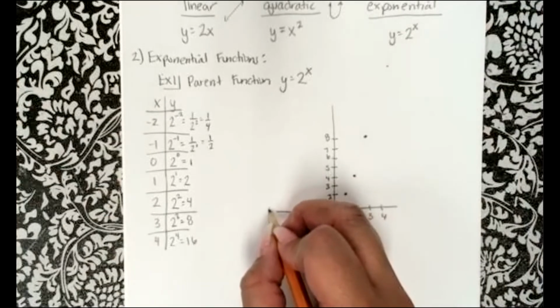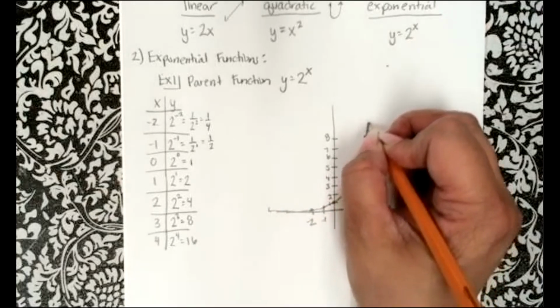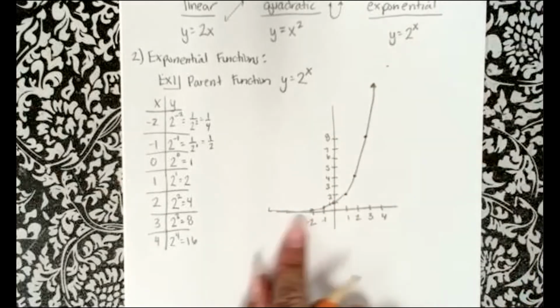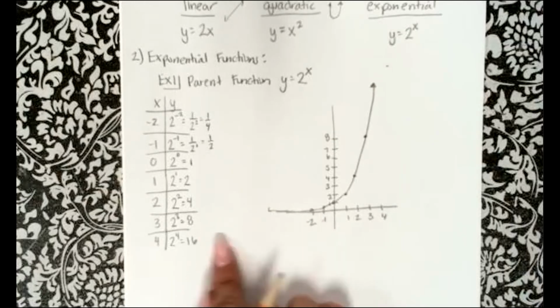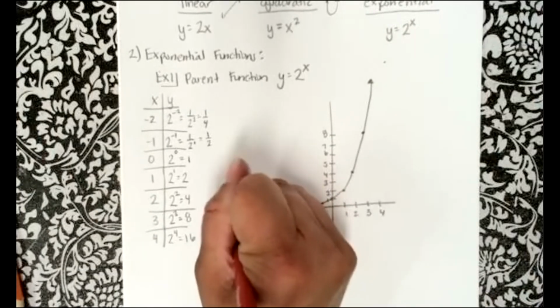This graph is actually going to look like this. It's never going to hit the x-axis. With that said, that means that this is going to be a horizontal tangent.